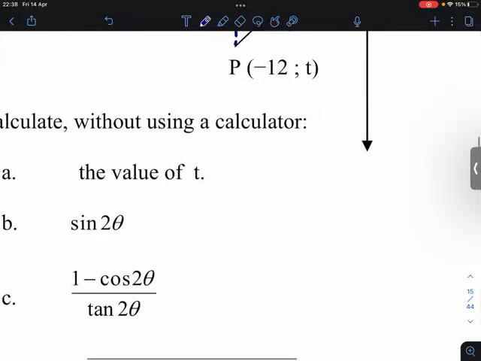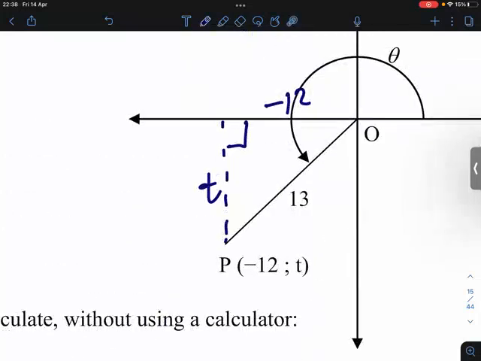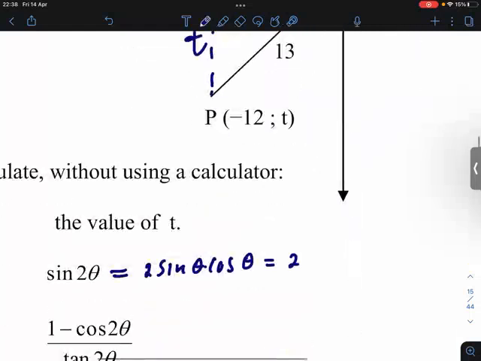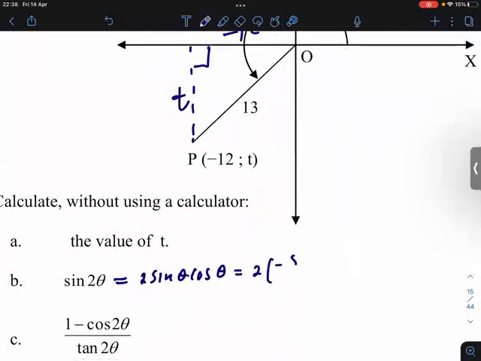What is sine 2 theta, guys? 2 sine theta cos theta. And from this, you can locate what sine theta is. Theta is here. It's opposite over hypotenuse, so it becomes -5/13.